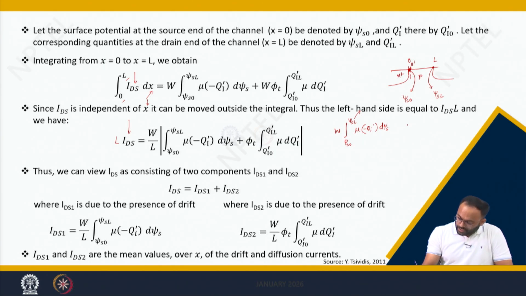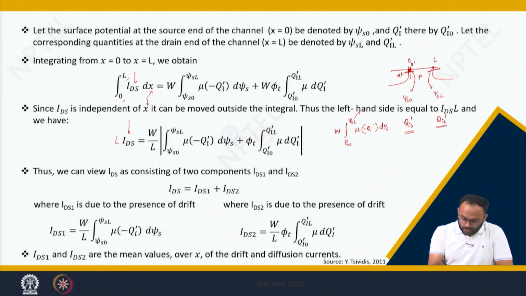Similarly, we can define Qi0 dash and Qil dash, which are the inversion charge at the source channel junction and the inversion charge at the channel drain junction.